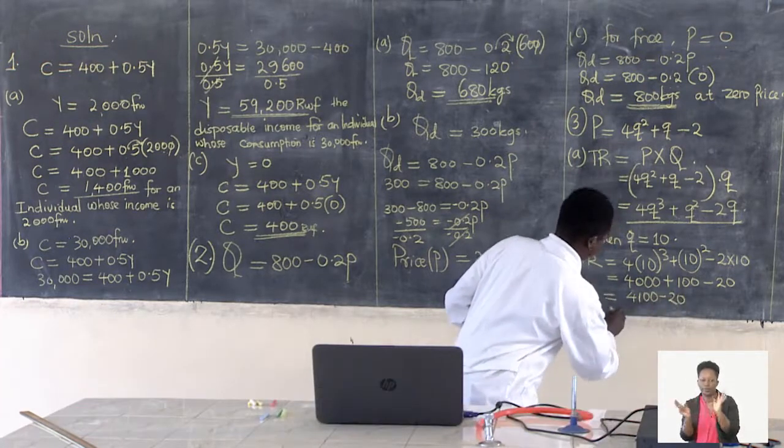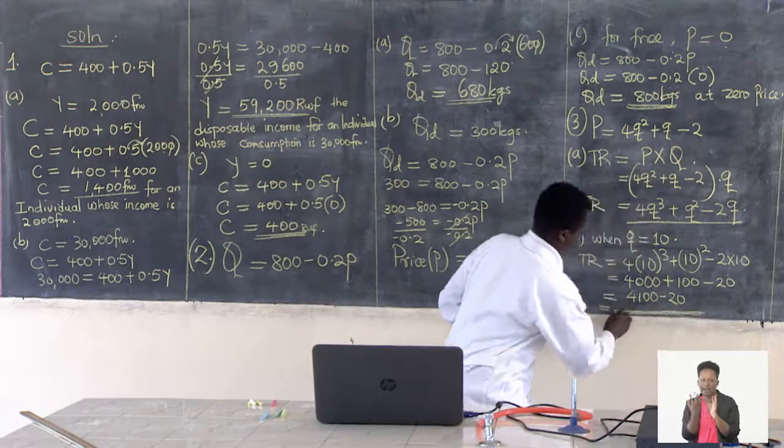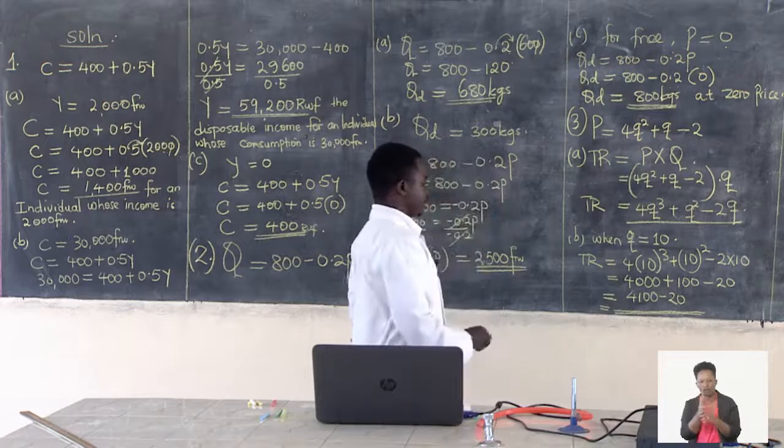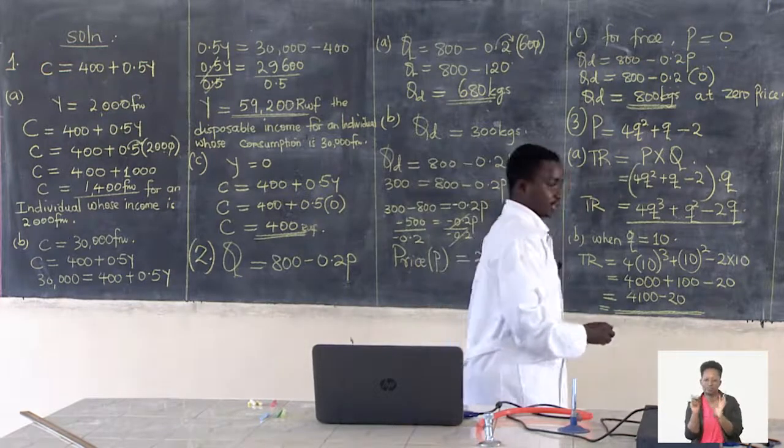So what is the revenue here? 4,000 plus 100 is 4,100, minus 20.